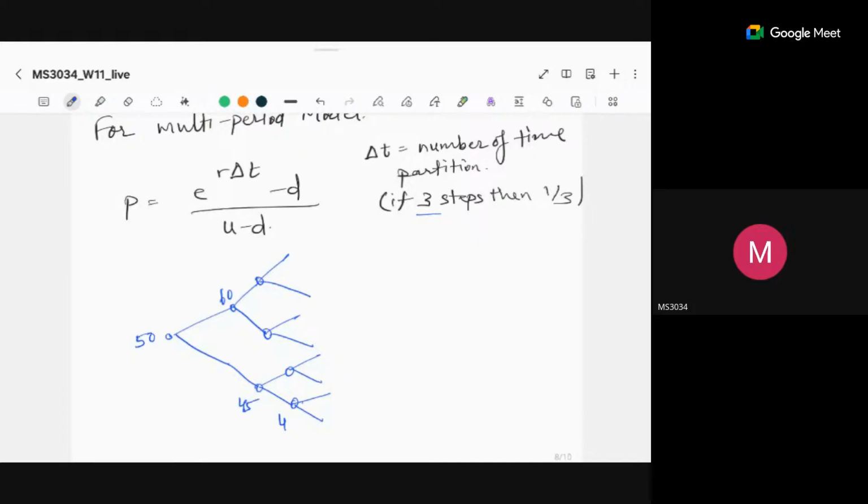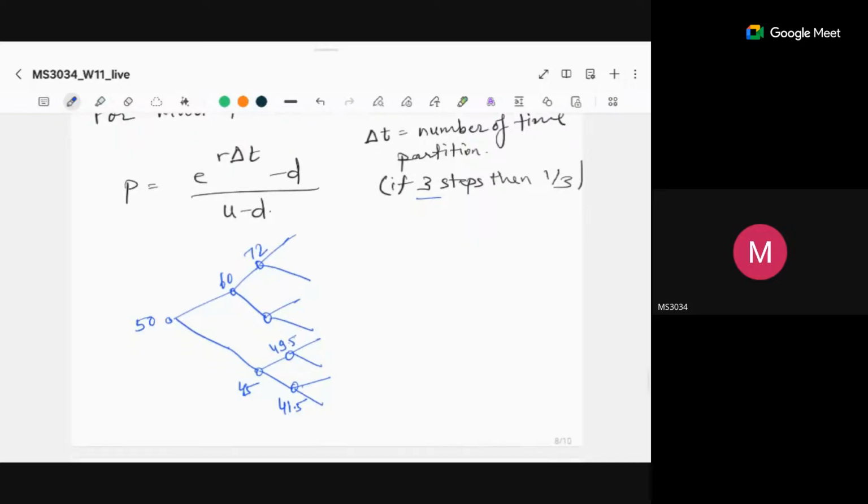Here it becomes 41.5. You can compute it, like 60 times 1.2 becomes 72, and so on. You can evaluate the final prices, and in each case you can compute the call option payoff.